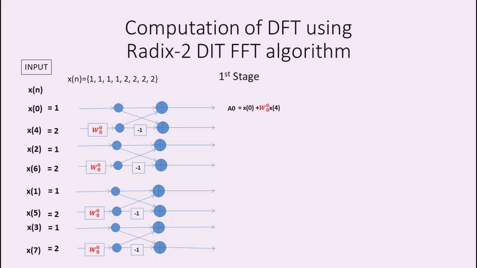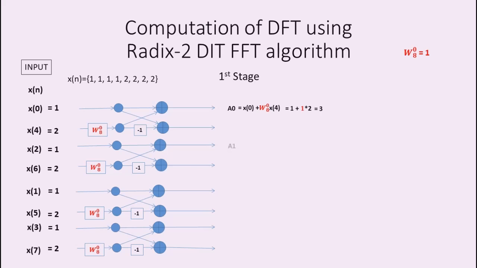A0 is equal to x0 plus W8 to the power 0 into x4. Here x0 is equal to 1 and x4 is equal to 2 and W8 to the power 0 is equal to 1, so A0 is equal to 1 plus 1 into 2, which is equal to 3.